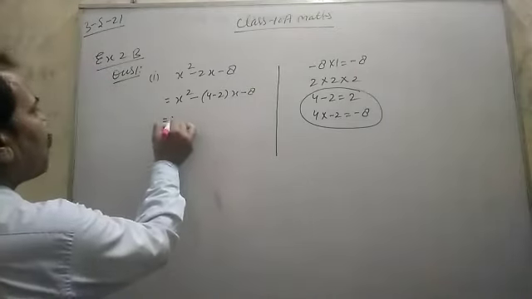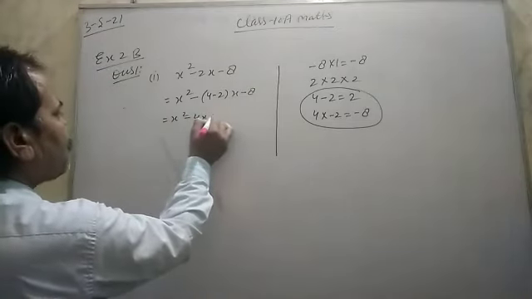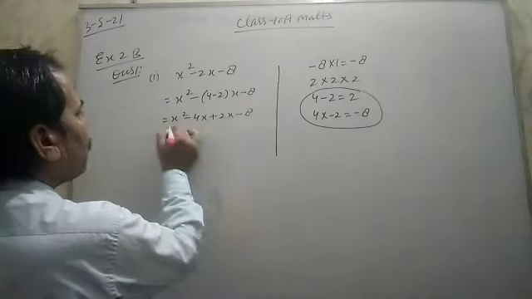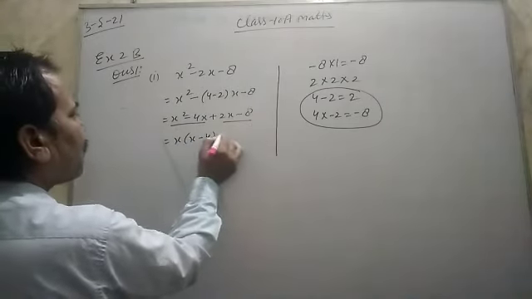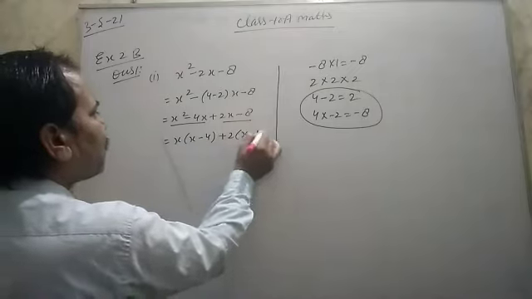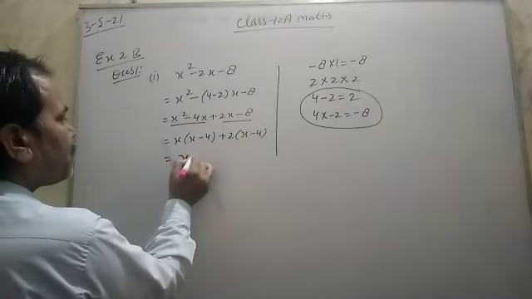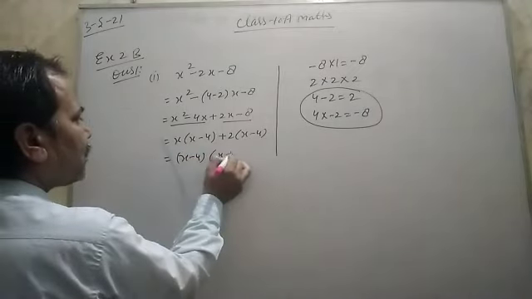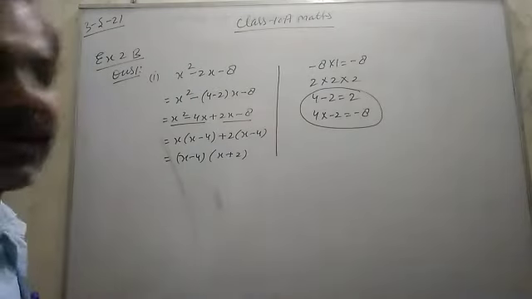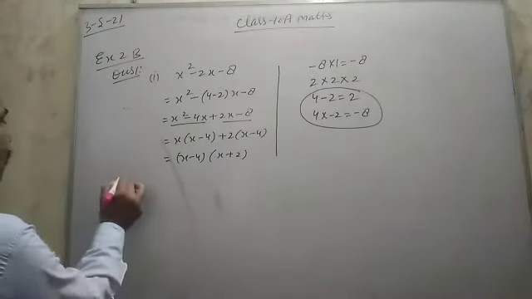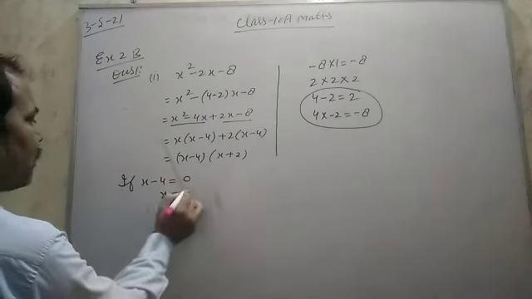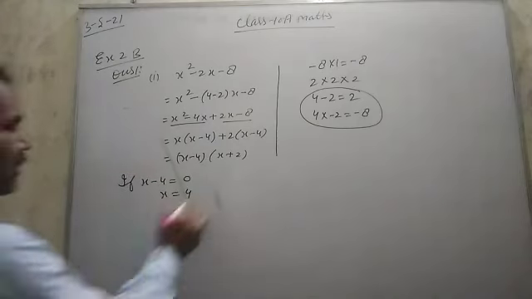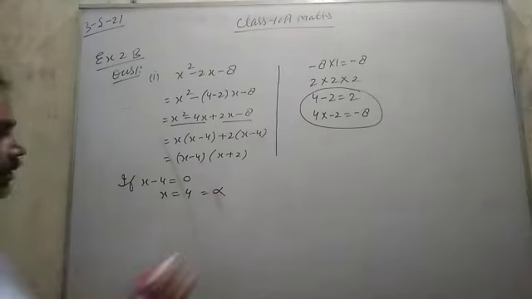Okay, then open the bracket, then make pairs. From the first pair x is common, from the second pair 2 is common, then again in this bracket, x minus 4 is common. So in the next bracket, x plus 2. So if x minus 4 is equal to 0, then x is equal to 4, and that suppose alpha.